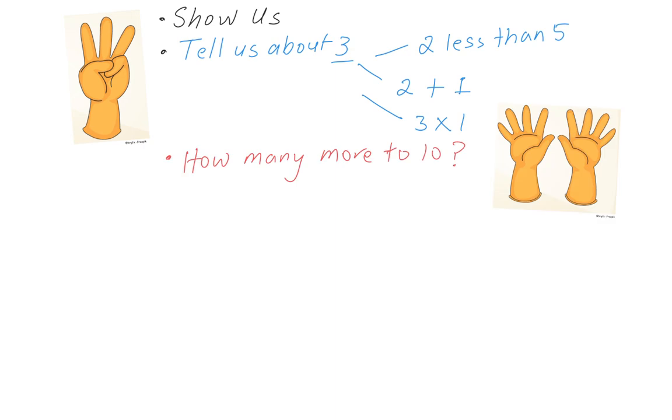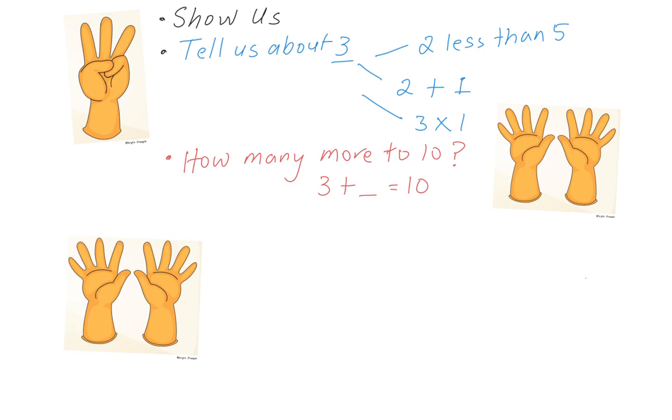Then we encourage students to use their rainbow facts. How many more from 3 to 10, or how far from 3 to 10? 3 plus something equals 10. Again, you might have students who automatically know that they've got their rainbow facts intact. If they don't, let's use that strategy again of get to 5.